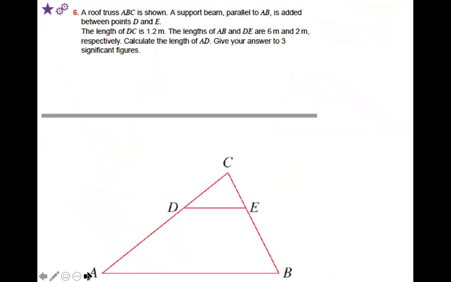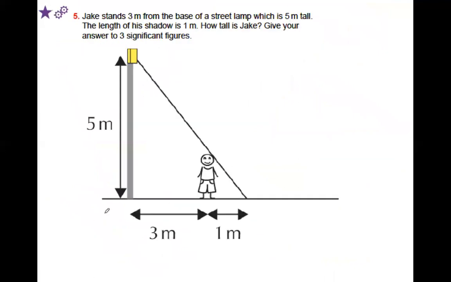So the good thing about similarity is being able to figure out the length of a pole, for example. Jack stands 3 meters from the base of a street lamp, which is 5 meters tall. The length of his shadow is 1 meter. How tall is Jake?